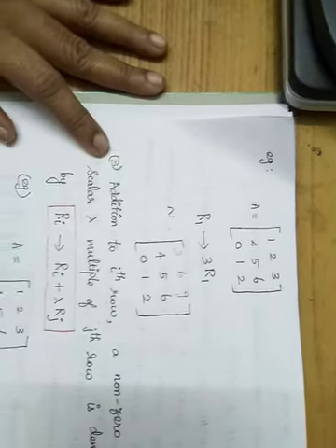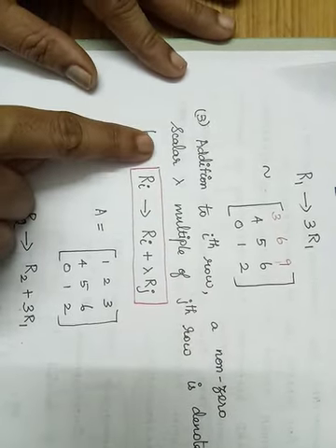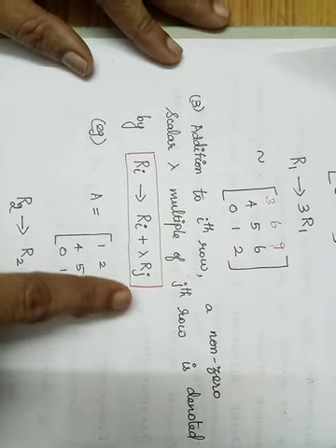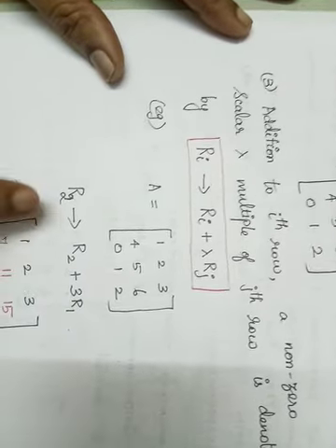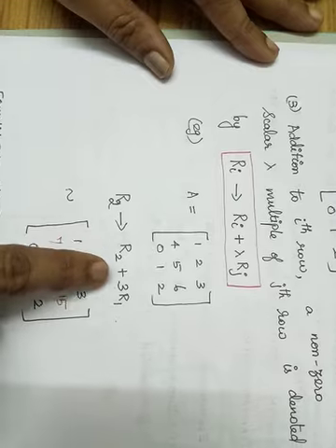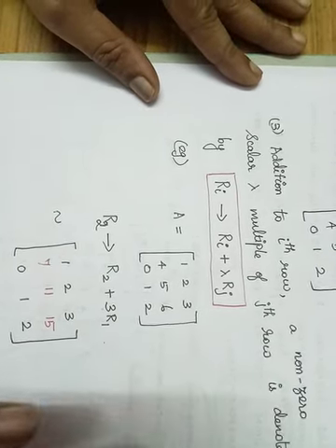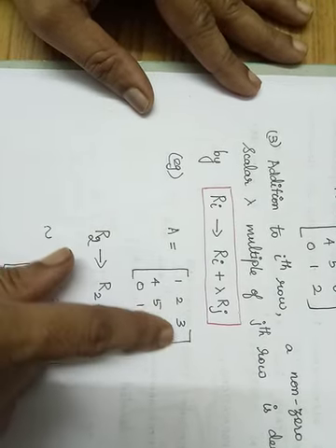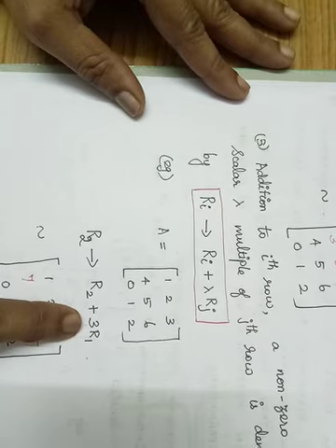And the third one is addition to the ith row of a non-zero scalar lambda multiple of the jth row, denoted like this. Here I have considered matrix A. Here I am going to transform R2 as R2 plus 3R1. That means R1 and R2 have to be added. Before that, each and every element of R1 is multiplied by the non-zero scalar 3.